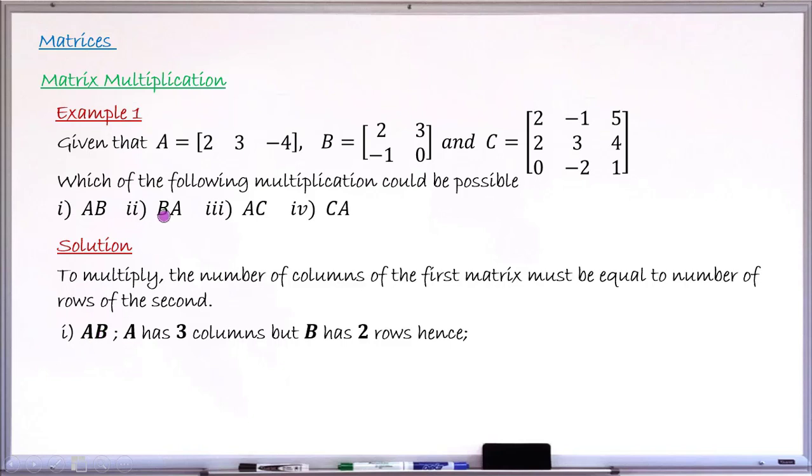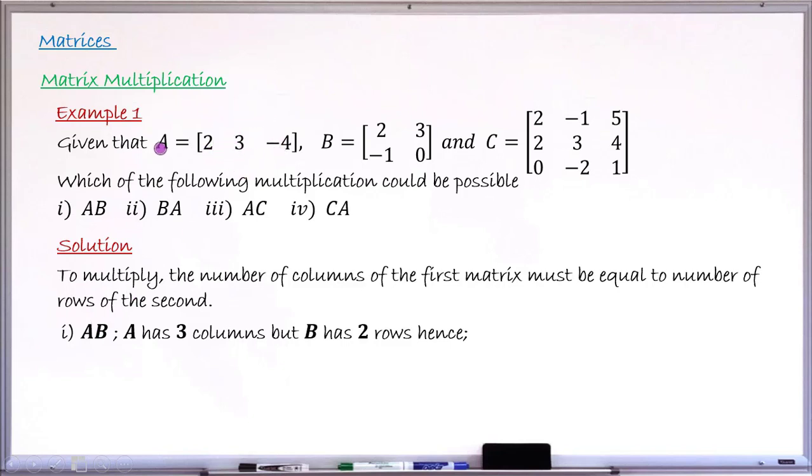If we go back to matrix A, how many columns does it have? Check the number of columns of the first matrix. It has 3 columns. The condition says the number of columns of the first must be equal to the number of rows of the second matrix. So you count how many columns are in the first matrix. In this case, it is 3 columns: 1, 2, 3.